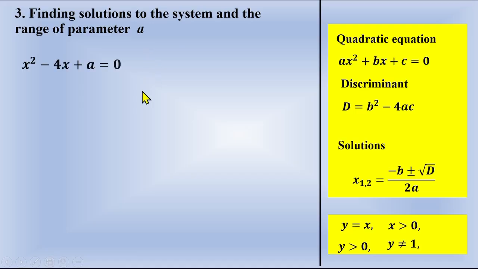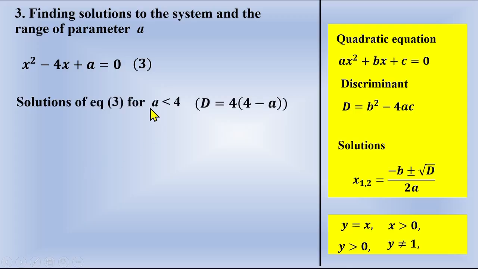We start with the second equation in this form, and we will use what we know about solutions of a quadratic equation, and we find the solution for a smaller than 4. The discriminant is equal to this value. So we have the following formula for two solutions.